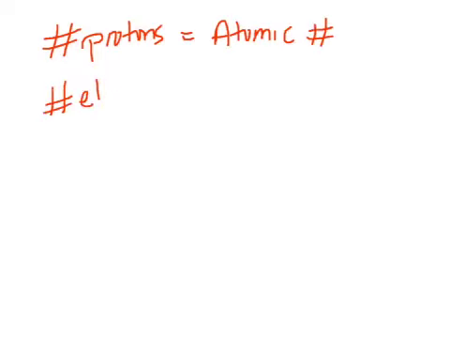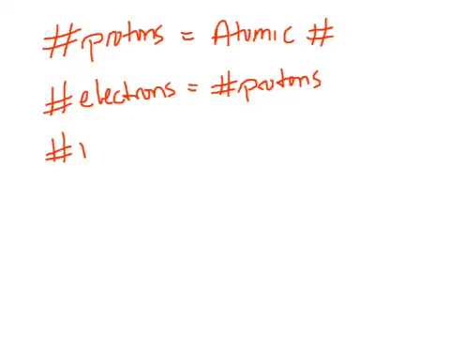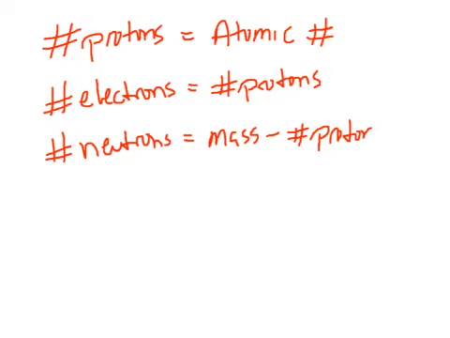For an atom, the number of electrons is equal to the number of protons. And the number of neutrons is equal to the mass number minus the number of protons in your atom.